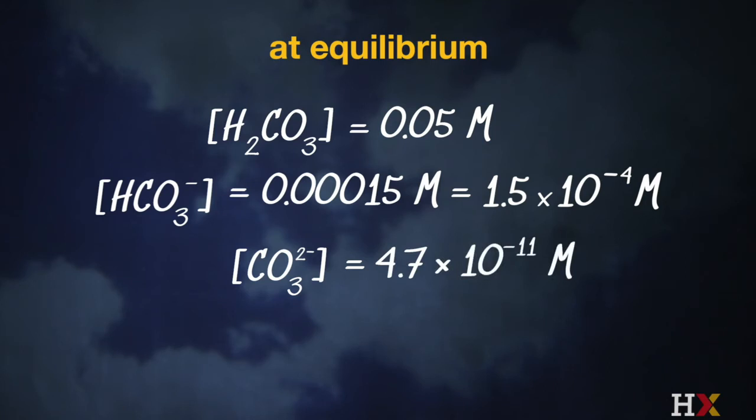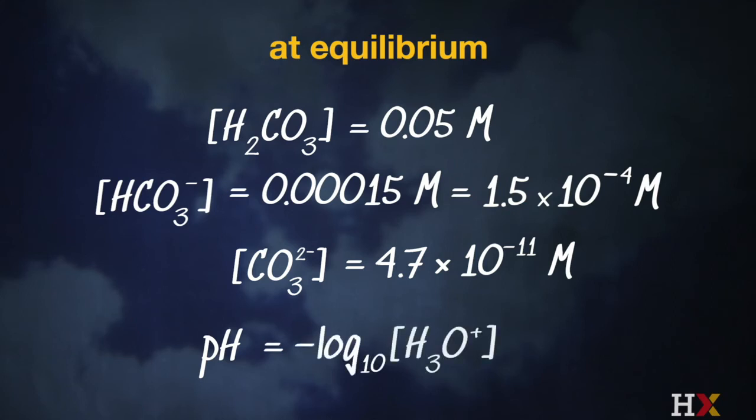So we can calculate the pH immediately. That's equal to minus log to the base 10 of H3O+, and that is equal to 3.82. Look what's happened. We started out with 0.05 molar of carbonic acid.